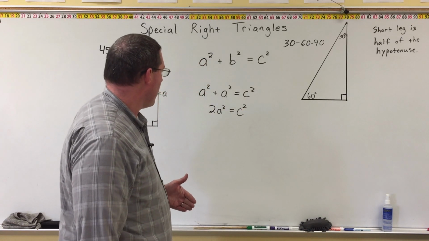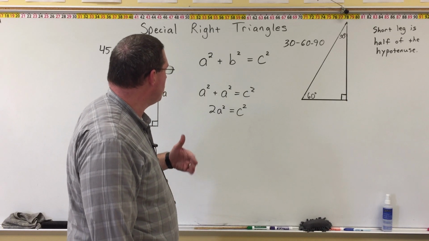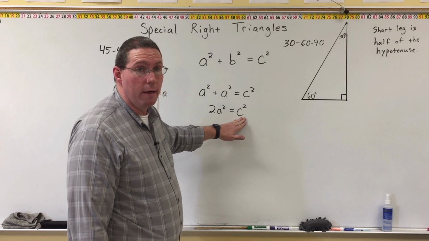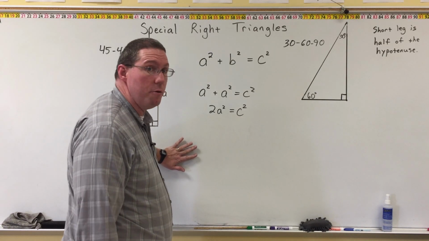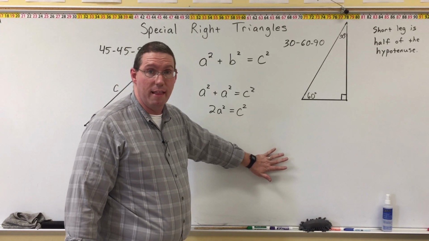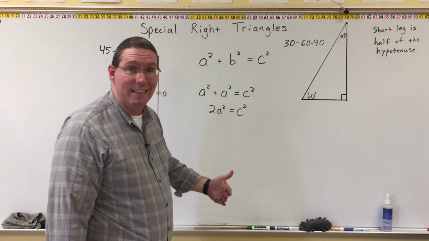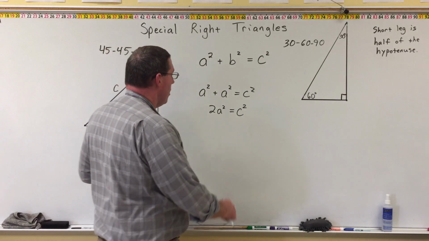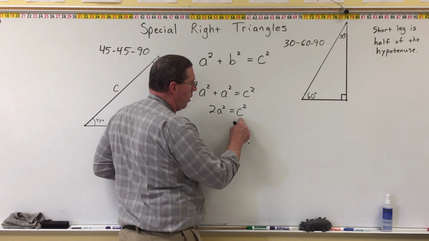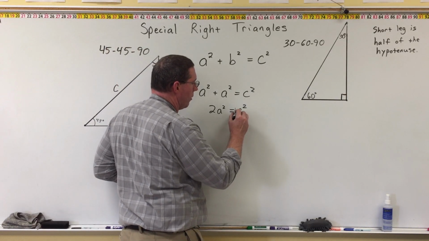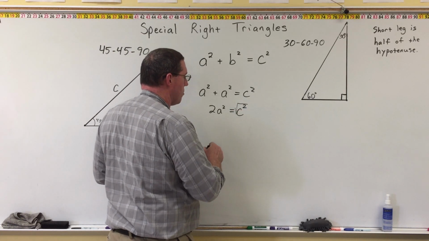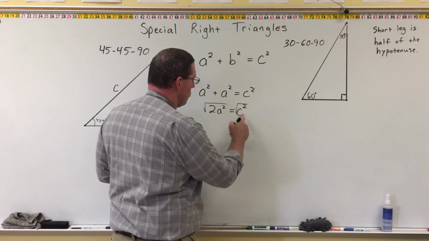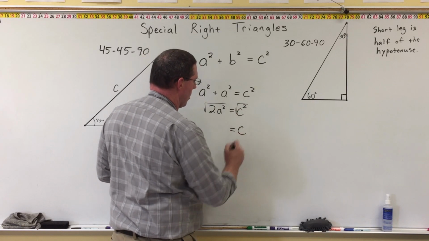And now what I'm going to do is solve for the hypotenuse, and I'm also going to solve for the leg length so that we can get an idea of how the hypotenuse and the leg lengths are related to each other. So to solve for the hypotenuse, all I have to do here is square root the hypotenuse, and I can square root the other side. Now when I square root c squared, I just get c.